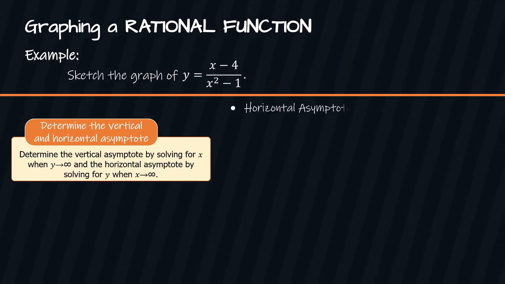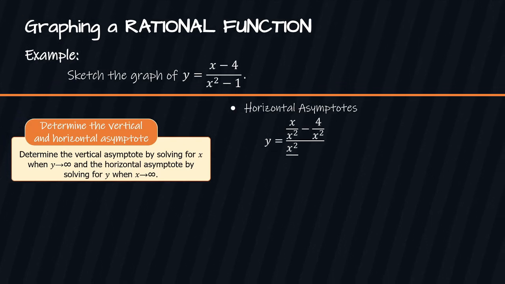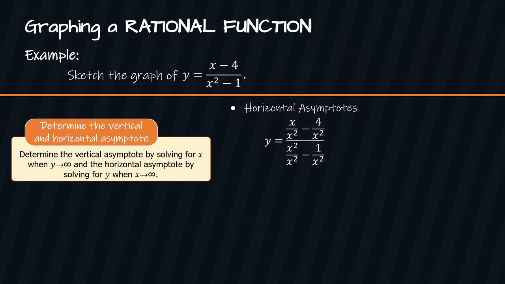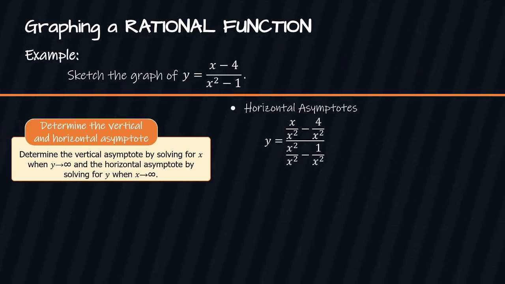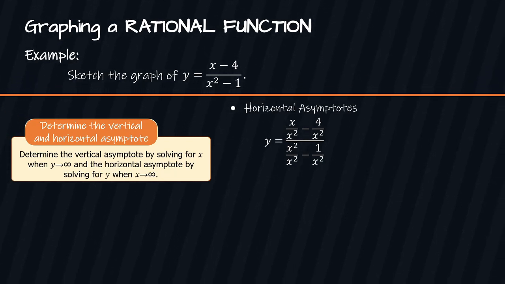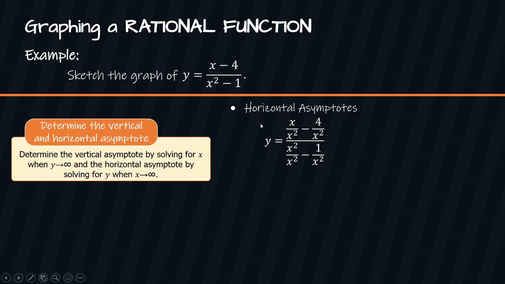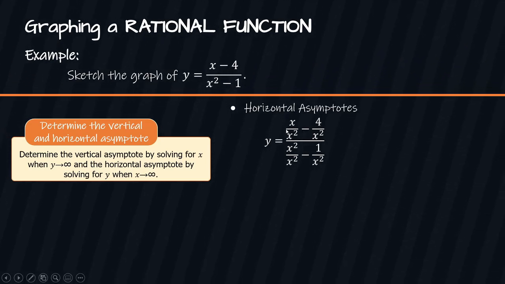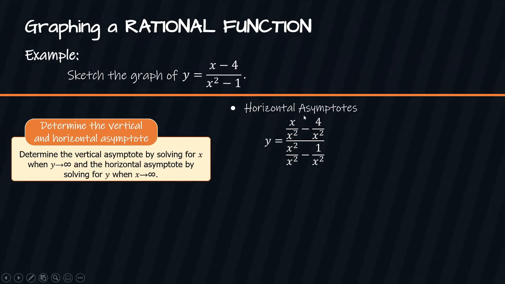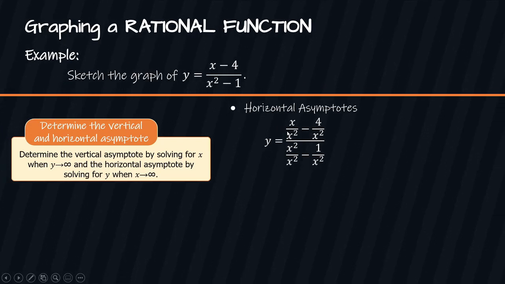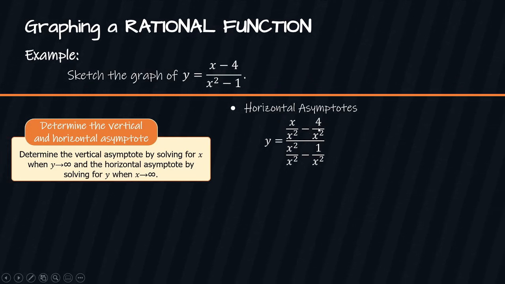Then we have the horizontal asymptote. Divide each term in the numerator and denominator of the right-hand member by the x term of highest degree. For this function, we have 2 as the highest degree. So we have to divide each term by the term of the highest degree.